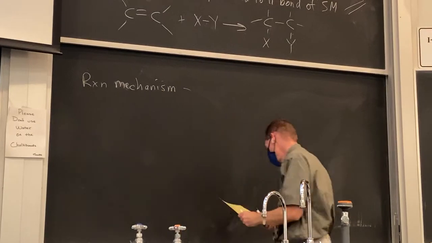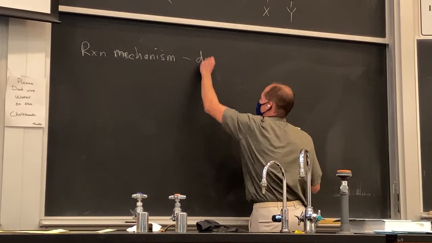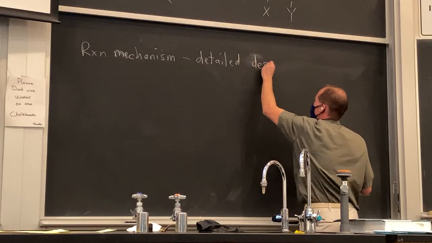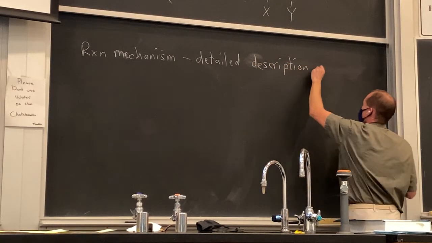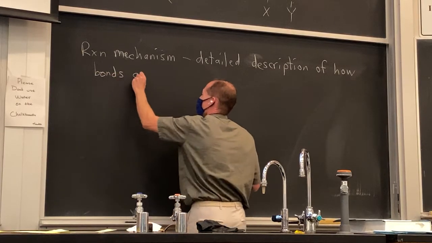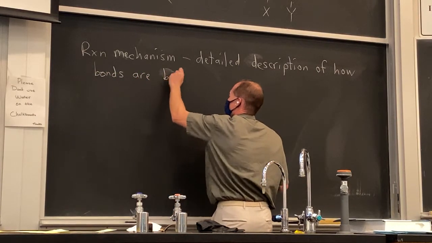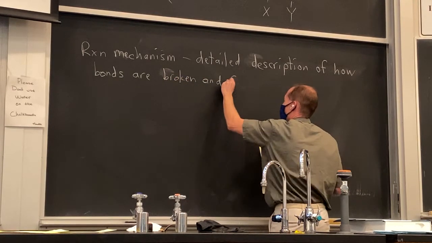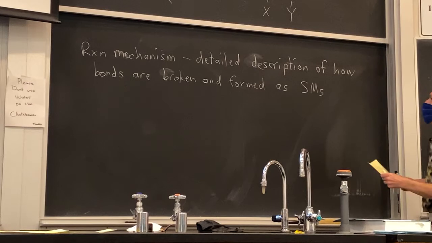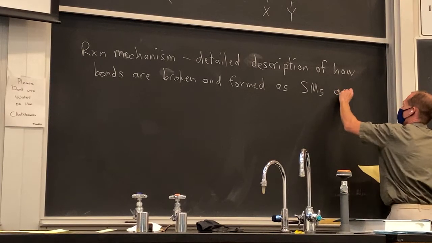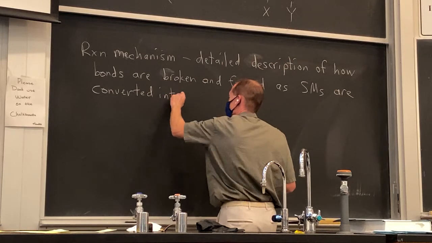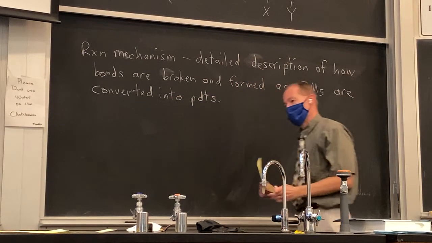Okay. So a reaction mechanism is a detailed description of how bonds are broken and formed as starting materials (SM, an abbreviation I like to use) are converted into products (another abbreviation I like to use).